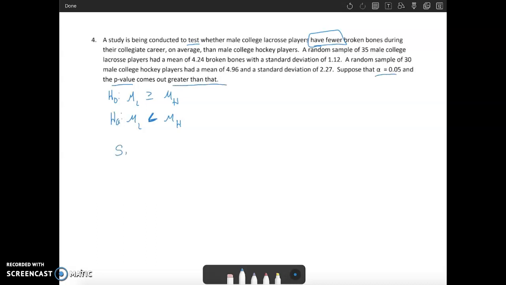So we can skip straight to saying, since P came out greater than alpha, we fail to reject the null.